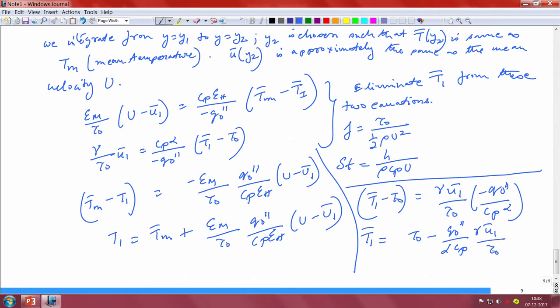Now it is very easy: you subtract one equation from the other, and then apply the definition of Stanton number and the definition of heat transfer coefficient written in terms of the mean temperature, as we already know.